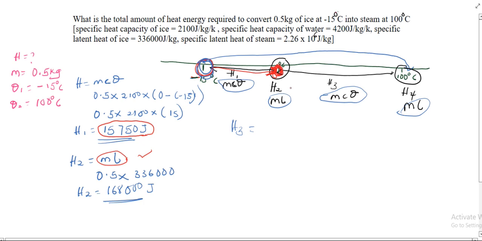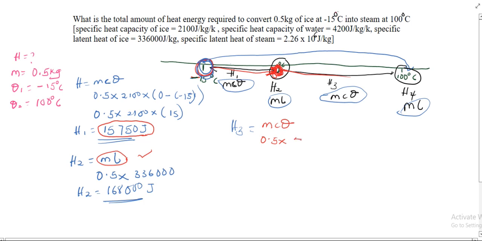Now the next step is to take it from liquid at 0 to liquid at 100. So now our H3 equals mc theta. Our mass is 0.5 multiplied by, since we're talking about liquid now, it is now water at 0. So we'll be using the specific heat capacity of water, and no longer of ice.